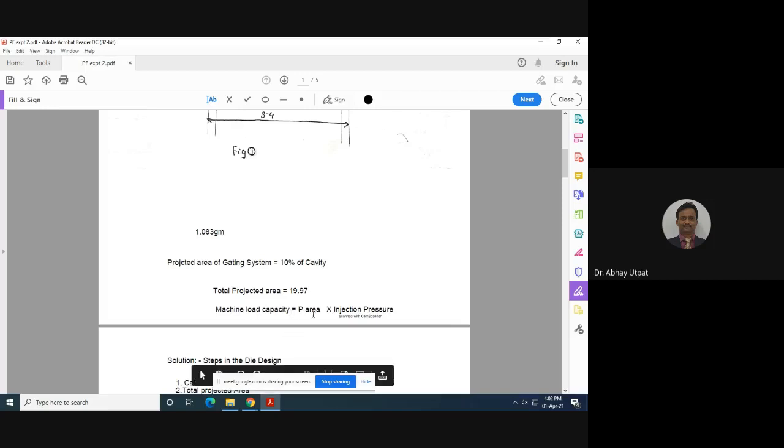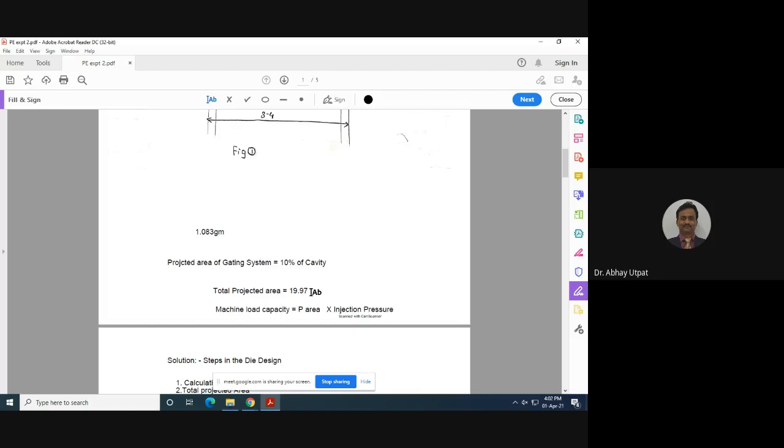Projected area we have already calculated as 20 centimeter square. And now from where will we get injection pressure? Here you need to refer to the design data book, or you have to assume. In this case, let us assume injection pressure as 700 kg per centimeter square.